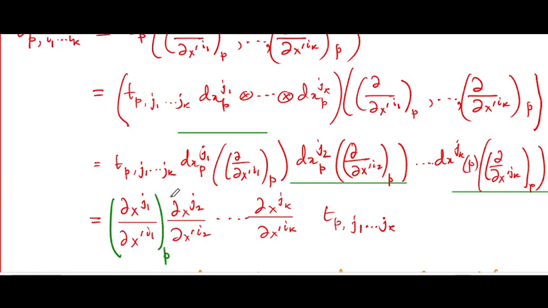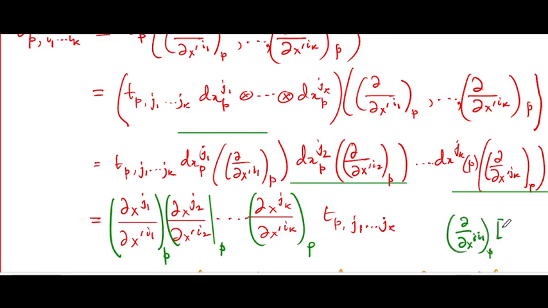can also be written in a slightly different fashion. dx^{J1}_p acting on del/del x prime I1 at p is by definition del/del x prime I1 at p eating up the function x^{J1}. And shorthand notation for that is del x^{J1} / del x prime I1.